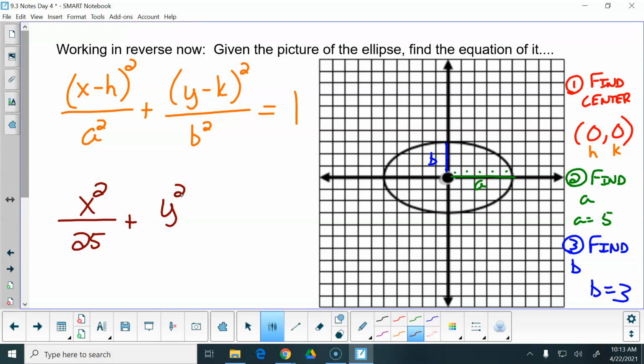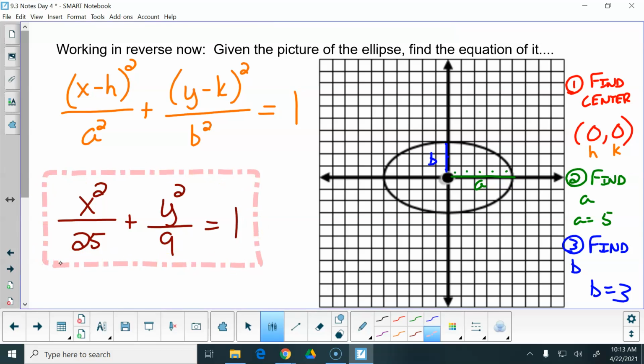Y minus 0, quantity squared, is just y squared, over b squared equals 1. What if it doesn't equal 1? Then it's not an ellipse.